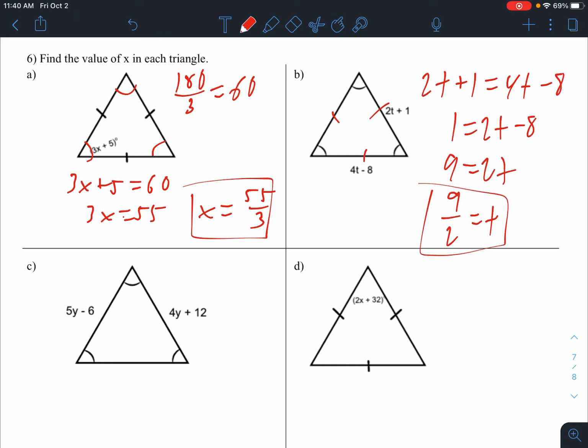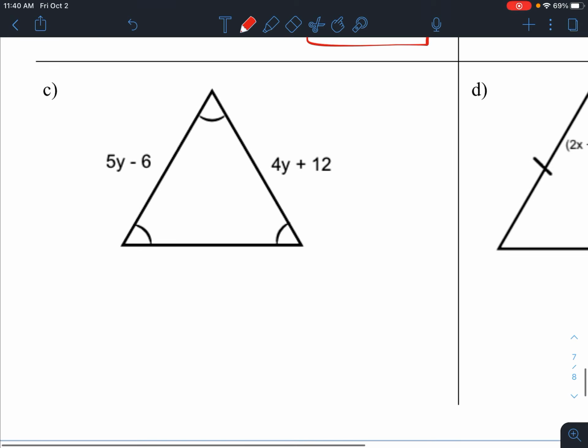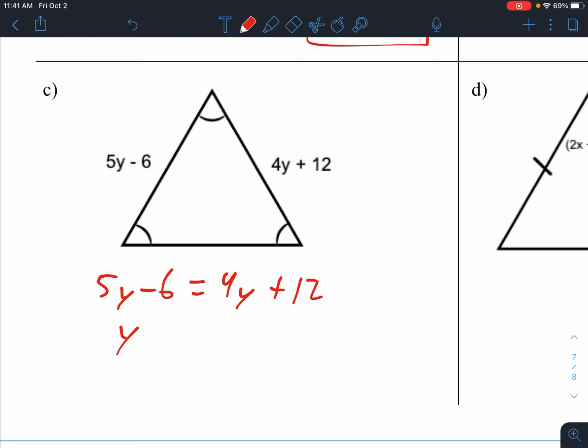Same thing for C. Since all 3 angles are equal, that means all 3 sides are equal as well. Subtract 4y and add 6.